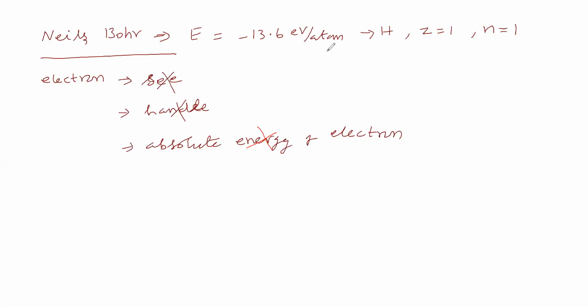So we can come to the conclusion: shall we call this the actual value of the energy of the electron? Because the absolute value of the energy of the electron we cannot find. Niels Bohr said the energy of the electron equals minus 13.6 electron volt per atom for hydrogen, which has atomic number 1, in which the electron is present in the first orbit.